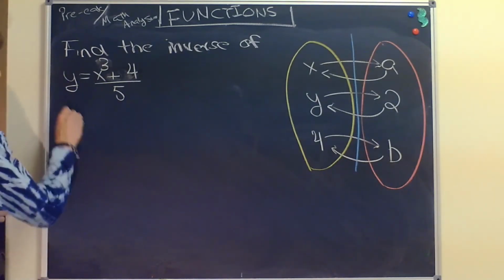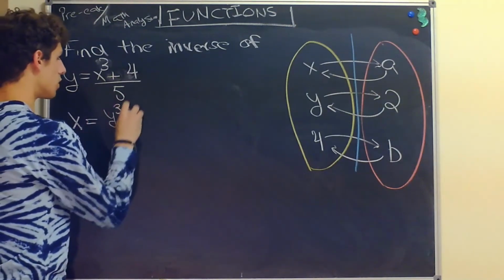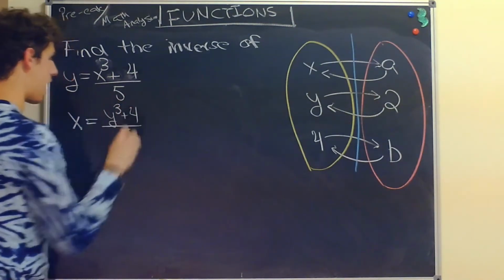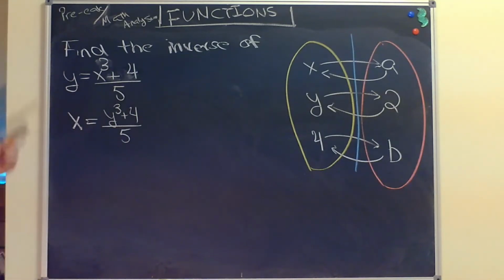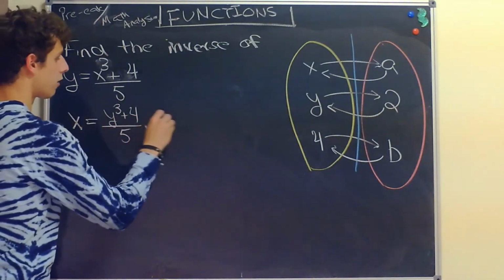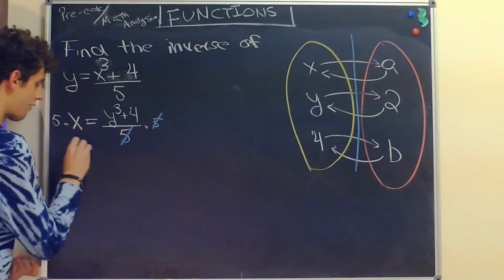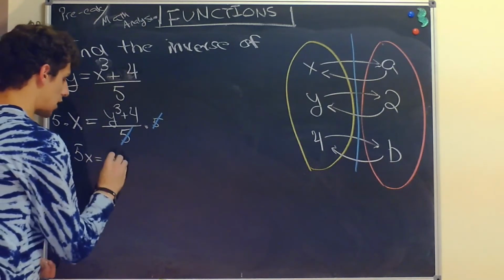So first we want to change those two. So we have x equals y cubed plus 4 over 5. Okay, nice. Now we want to get y by itself. So let's multiply both sides by 5. That gives us 5x equals y cubed plus 4.